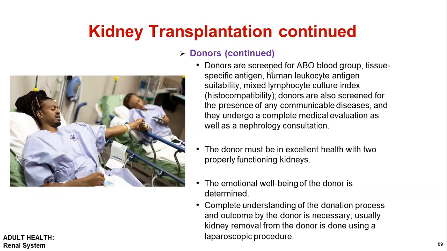Donors are scanned for ABO blood grouping, and tissue typing, which is called human leukocyte antigen, and mixing the lymphocyte and culture index is called histocompatibility complex.